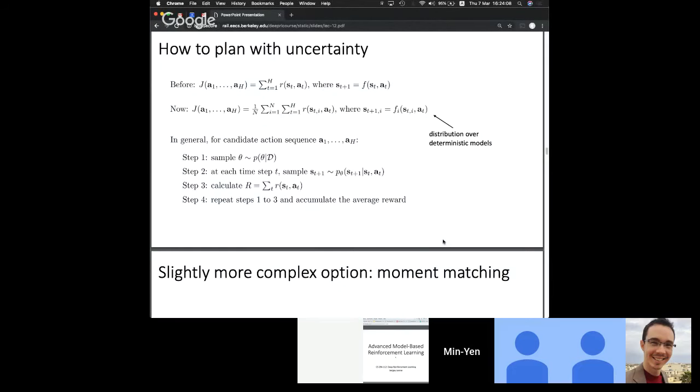Step 3 says calculate the reward as the reward over the trajectory, right? And then take the average reward. Candidate action sequence. Sample.